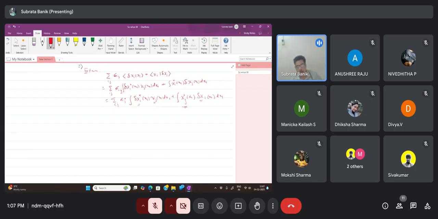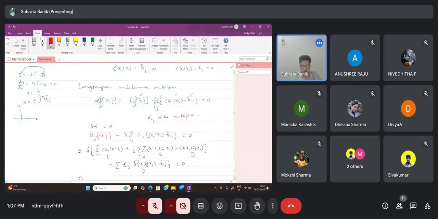I get chi j as conjugate. So I can write this is equal to sum over ij epsilon ij integration of delta chi i star x1 chi j of x1 dx1, right?